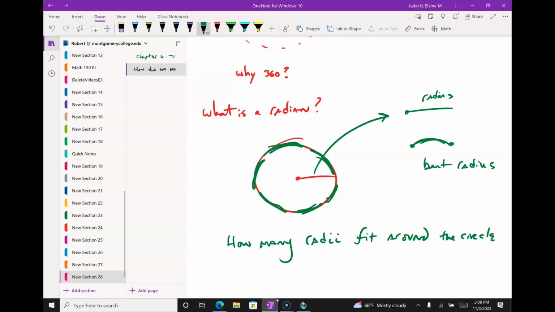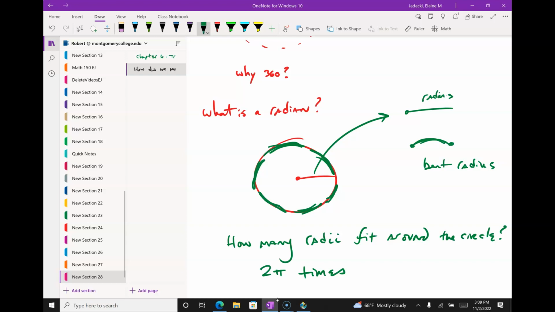Anybody know? Not 2. It's bigger than 6. 2 pi times. So a radian is this bent radius that will measure how many times it will go around the circle.